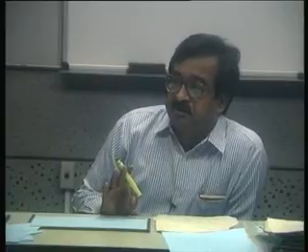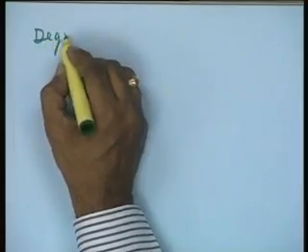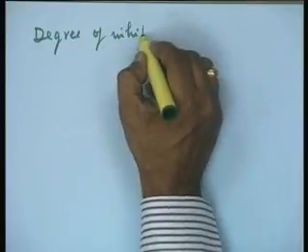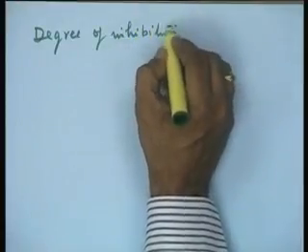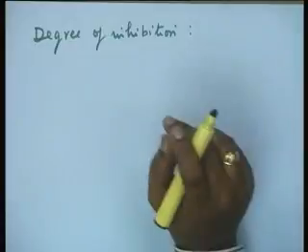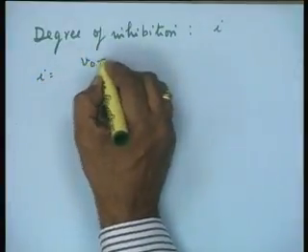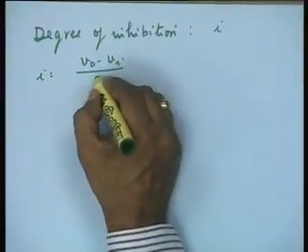Now, another feature which I mentioned, a general feature which gives you the characteristic of any type of inhibition pattern, is the degree of inhibition. If we recall from all the rate expressions that we wrote for the different types of inhibition pattern, the degree of inhibition is equal to V naught minus VI upon V naught.